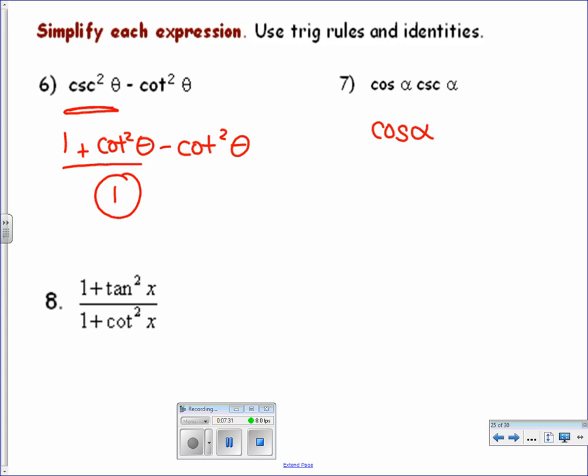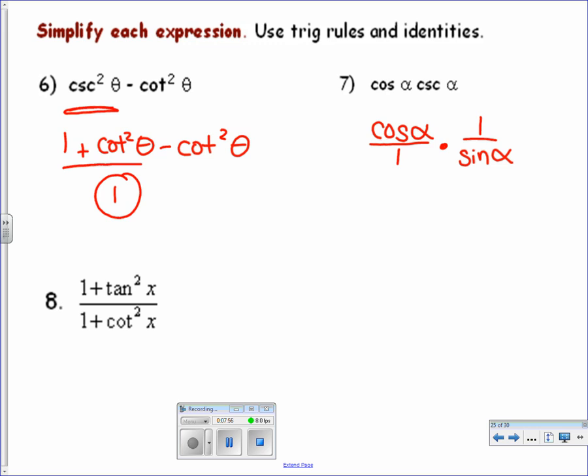Now, okay, so this is really 1. What do we know about cosecant? It's the opposite of sine. Okay, let's stay focused at hand. So, we change cosecant into 1 over sine. Does anything cancel?